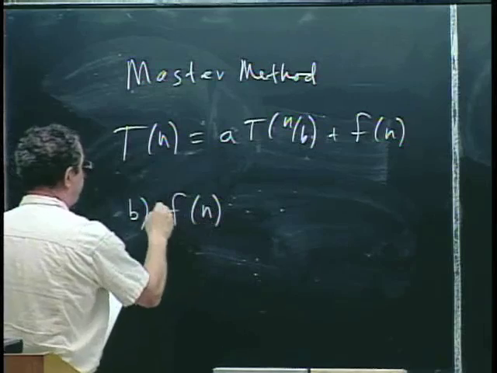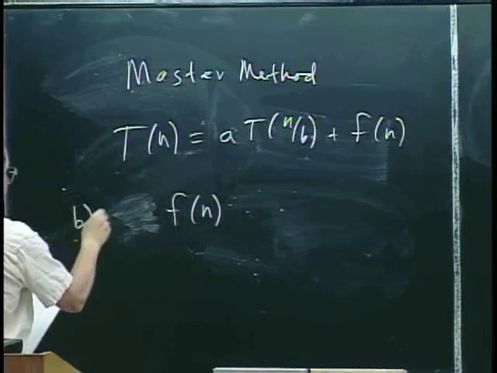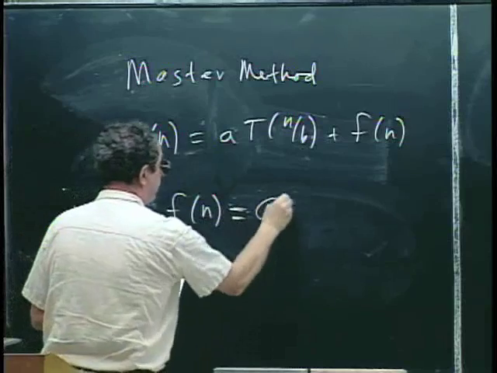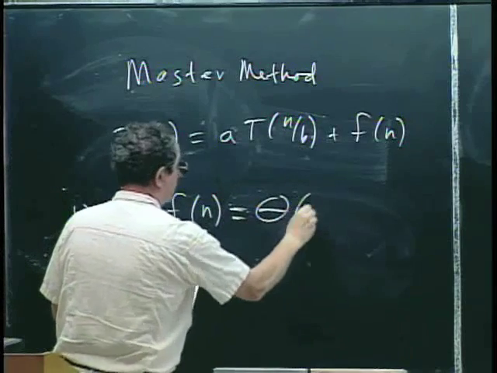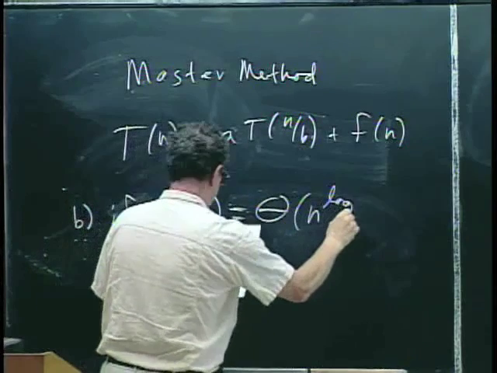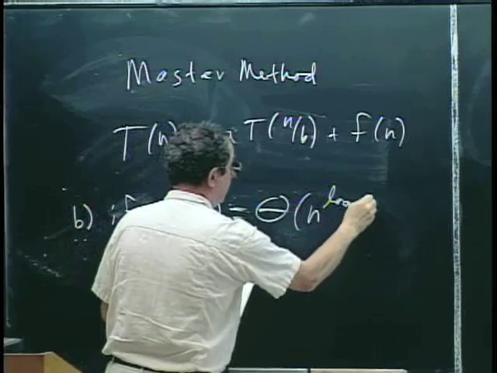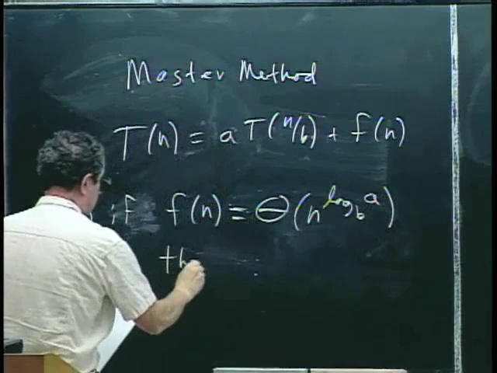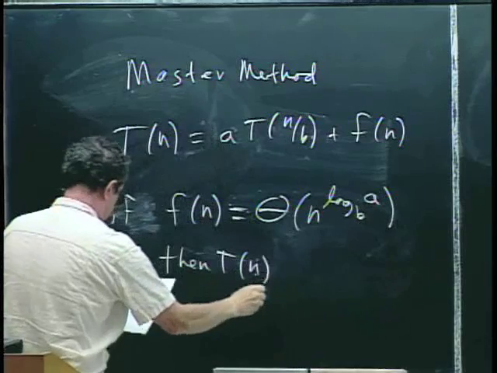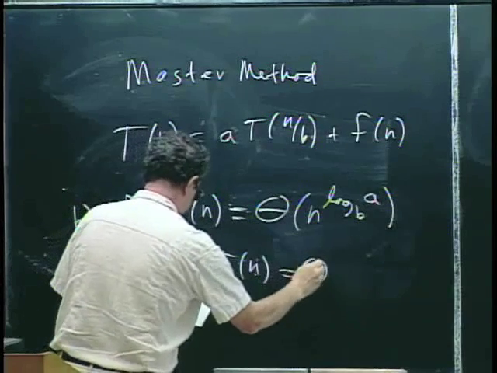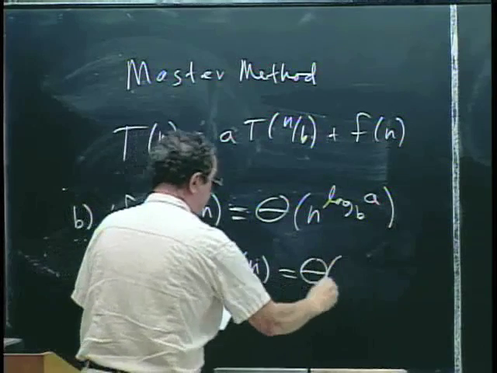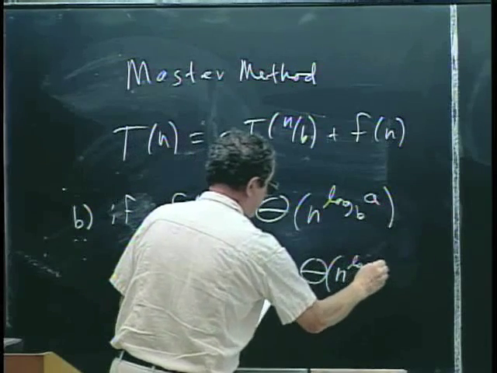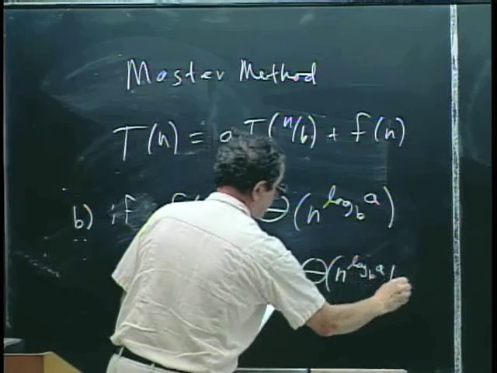If f of n is theta of n to the log b of a, then T of n solves to theta of n to the log b of a times log n.